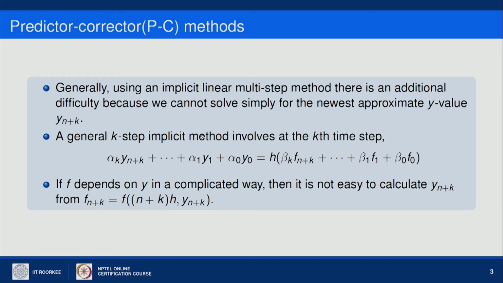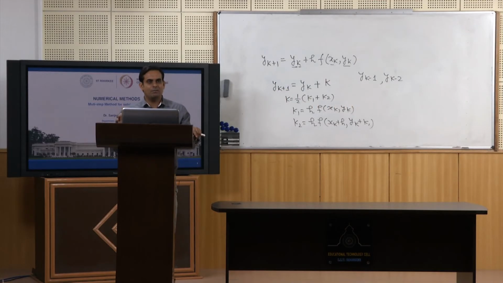Now you can note that in this equation I have the value of y n plus k on the left hand side and f n plus k on the right hand side. Basically, this f n plus k also involves the term y n plus k, because f n plus k is f of x n plus k, that is (n plus k) times h, comma y n plus k.